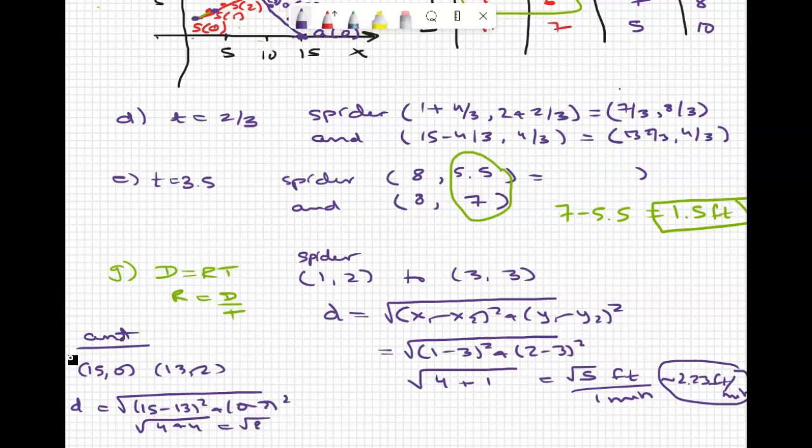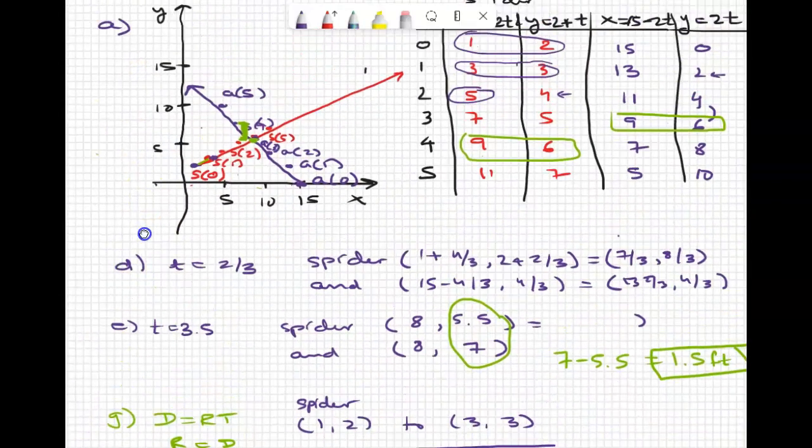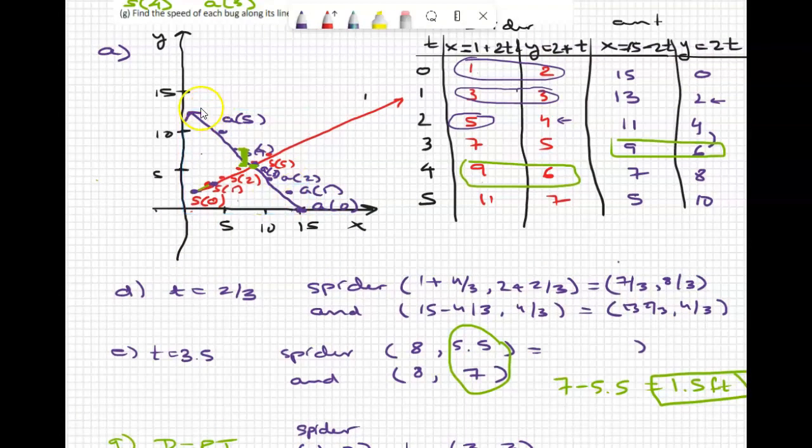This is square root of 8, which is 2.83 feet per minute. So it looks like the ant is moving faster. You could probably already tell that because the ant's slope is more inclined than the spider's slope.